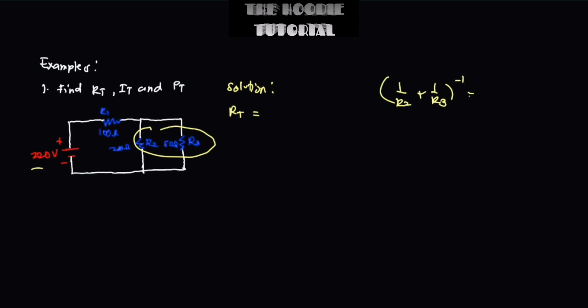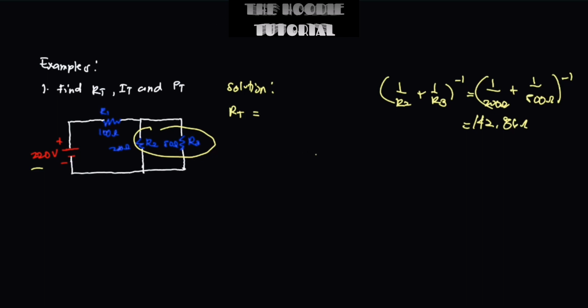Substituting the values, that becomes (1 over 200 ohms plus 1 over 500 ohms) raised to -1. Therefore that becomes 142.86 ohms.